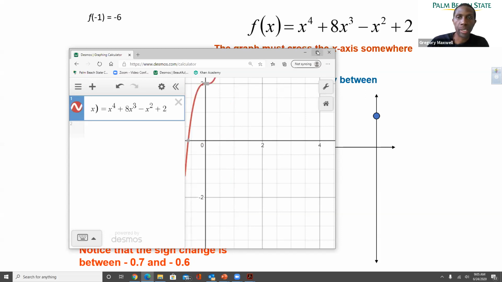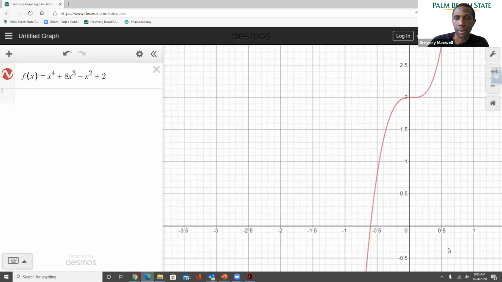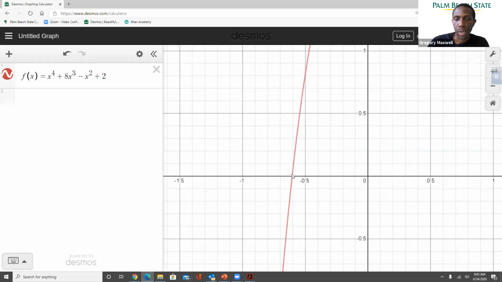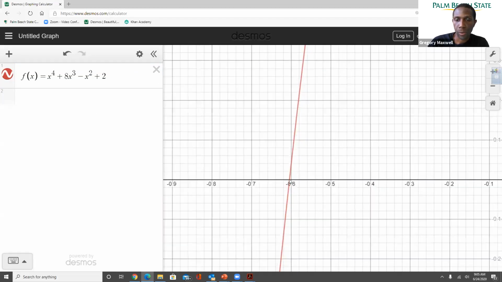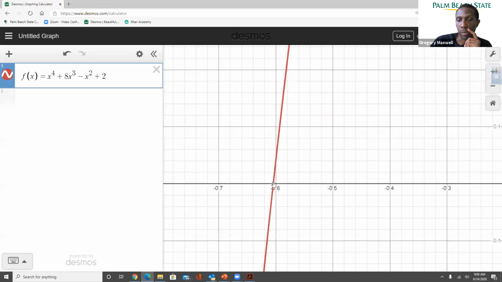And as you can see, let me just magnify that a bit. As I keep going, it's approximately -0.6046. That's what it comes down to, -0.6046. That is an approximate value. It's not the exact zero, that's an approximate value.